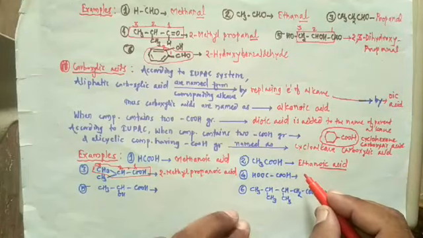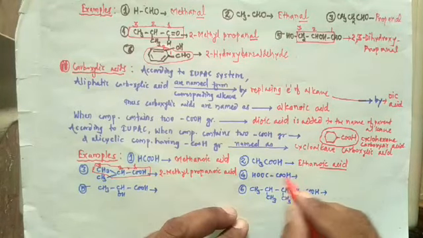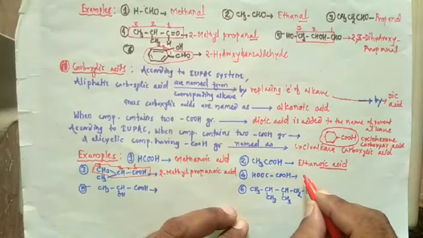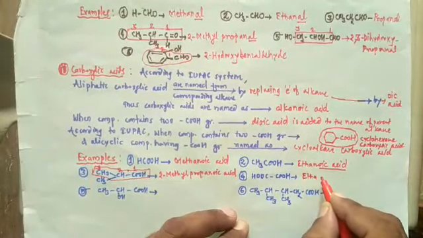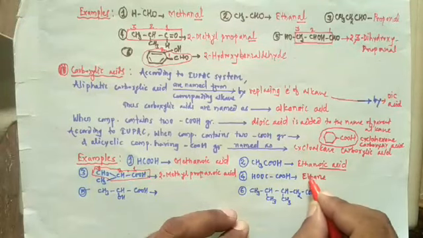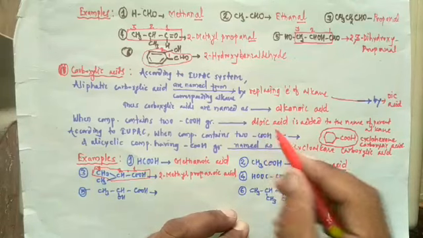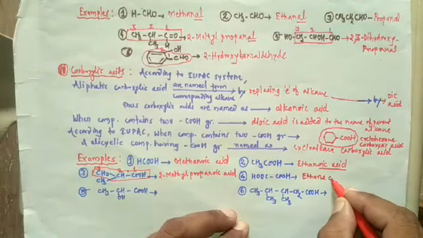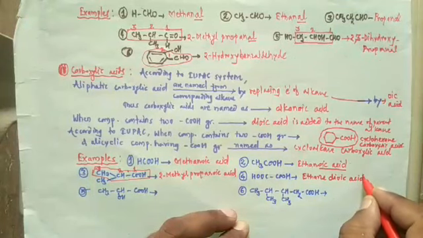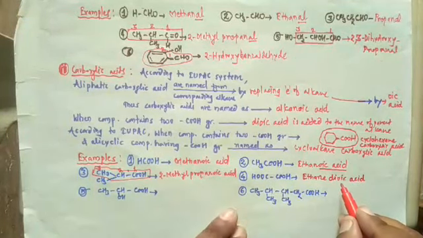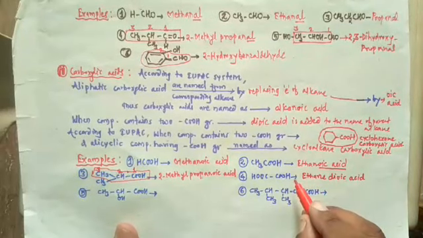The IUPAC name of this compound starts with ethane because 2 carbon atoms are present. First of all, write the name of the parent alkane, ethane. And 2 carboxyl groups are present, so add the suffix di-OIC acid. So ethane di-OIC acid, or ethanedioic acid, is its IUPAC name.